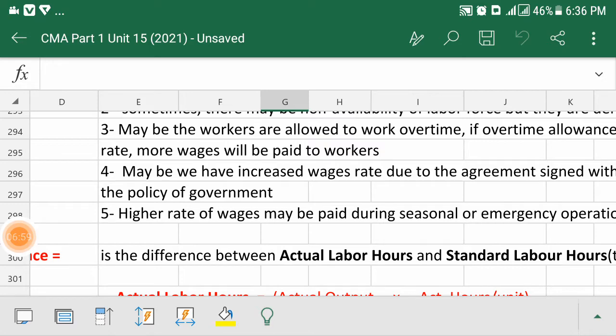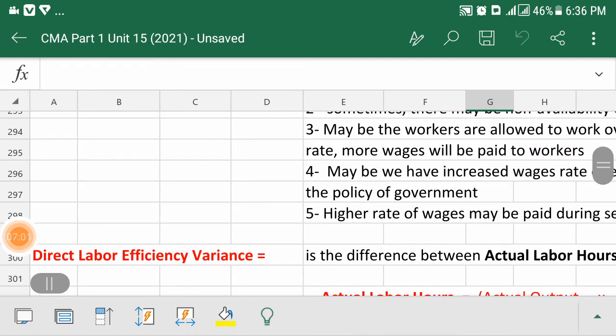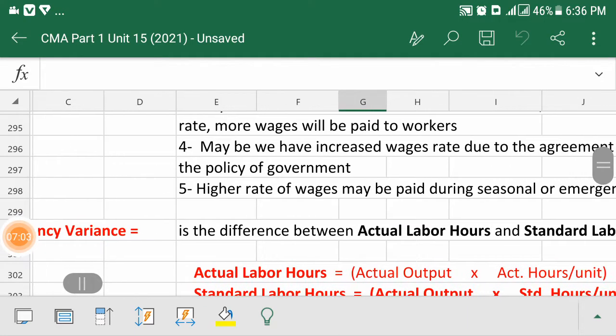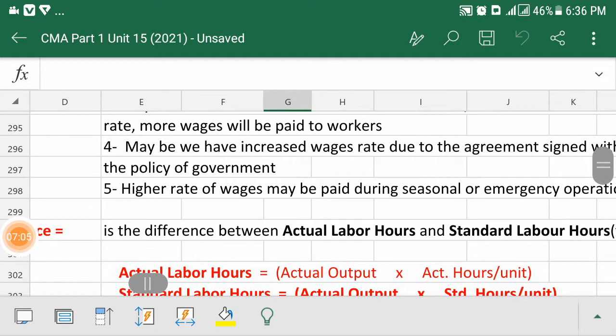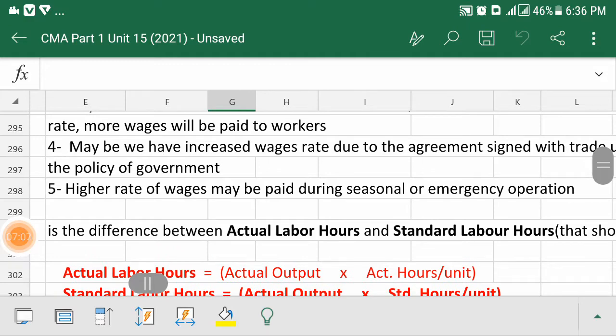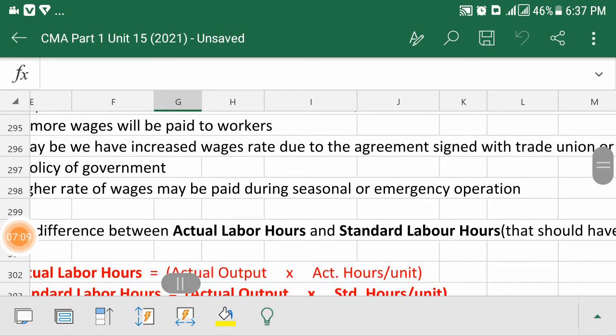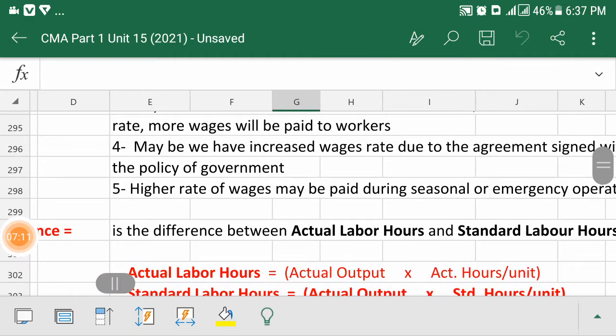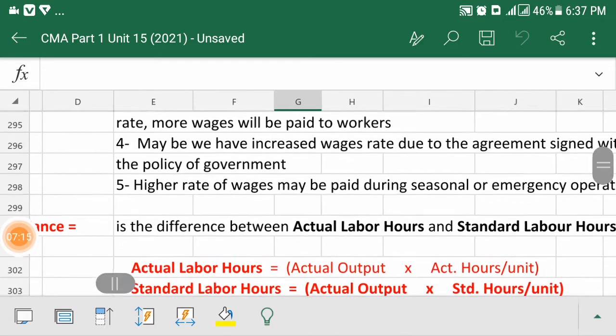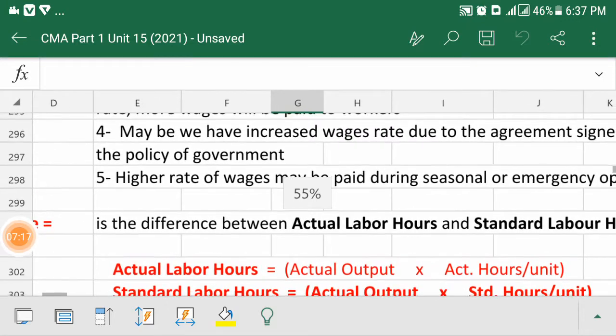So that could also be a reason for unfavorable variance. The fifth is that a higher rate of wages may be paid during seasonal or emergency operations. Like if you have emergency work and you need employees immediately, at that time definitely you'll pay a high rate of payment to the employees.